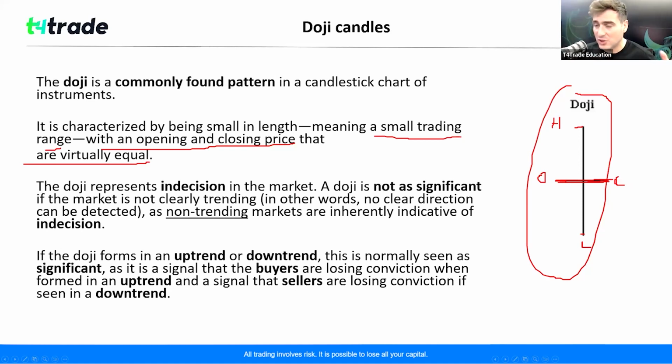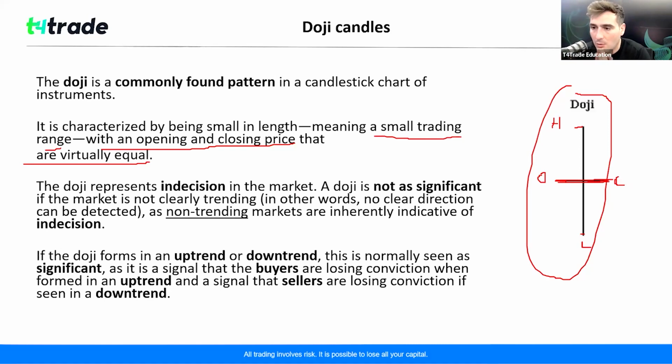It represents indecision in the market, and you can imagine this as a game of tug of war. If you know what a tug of war game is, you have two teams, the Bulls and the Bears, and you have a rope, and you mark a line on the ground, and you see two teams fighting each other. One is pulling the other towards that line in the middle, which is the threshold, and the other one is fighting back and drawing with their own strength. So a doji candle is in a sense a game of tug of war that ended with a tie.